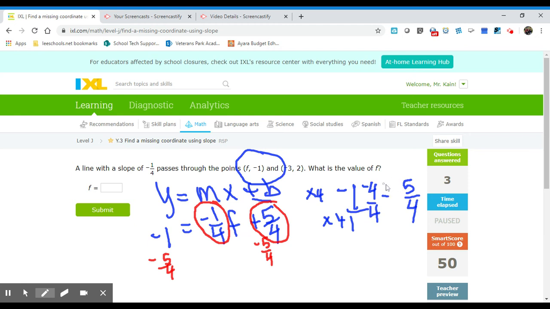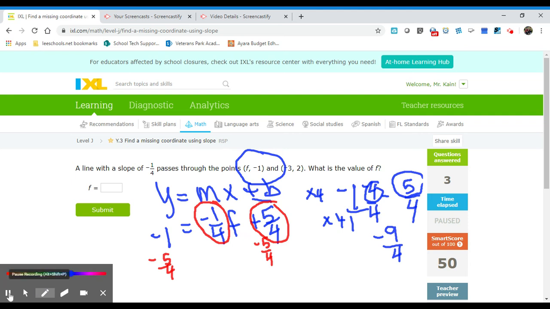Now, since I have two negatives, I need to add the numerators. So 5 plus 4 is negative 9 fourths. Okay? So on the left-hand side, I'll now have negative 9 fourths when I subtract those. So this will be negative 9 fourths. I'm running out of space, so I'm just going to erase this.